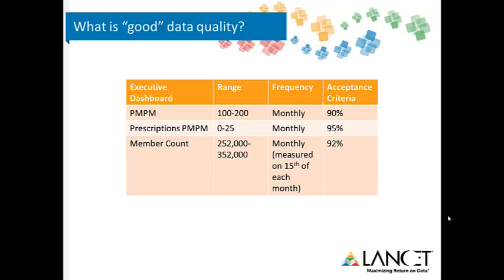Because you will be using this document to reach out to either your data stewards who will actually be doing the work, or your data quality analysts, to help create a set of queries that ensure that the data falls within these appropriate ranges at the acceptance criteria level. So managing expectations, sitting down with your business people and trying to get to this level of information so that you can actually apply queries to the data, and having those conversations is one of the first things that you have to do.